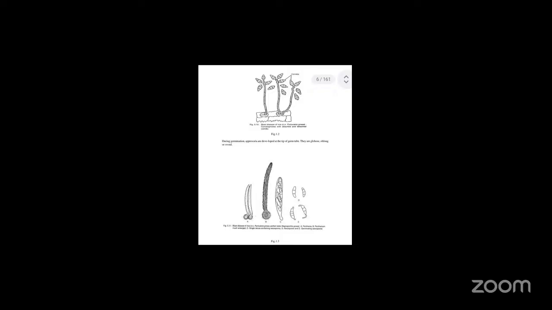The older lesions are elliptical or spindle-shaped and whitish to gray with necrotic borders, and several spots coalesce to form big irregular patches and kill the entire leaf.